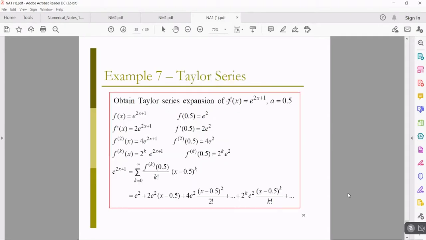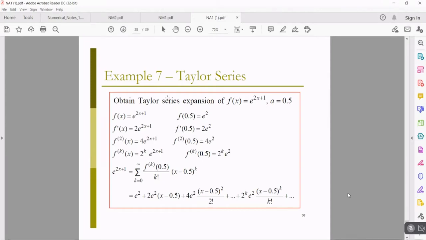To get this, we know this is our f(x), and its first derivative is 2e^(2x+1), second derivative is 4e^(2x+1), and like this we get the kth derivative of f(x) equals 2^k e^(2x+1).